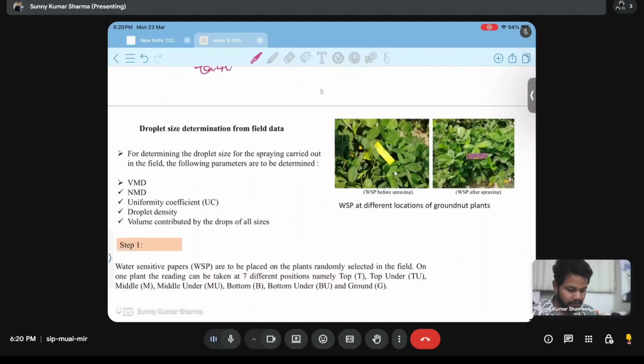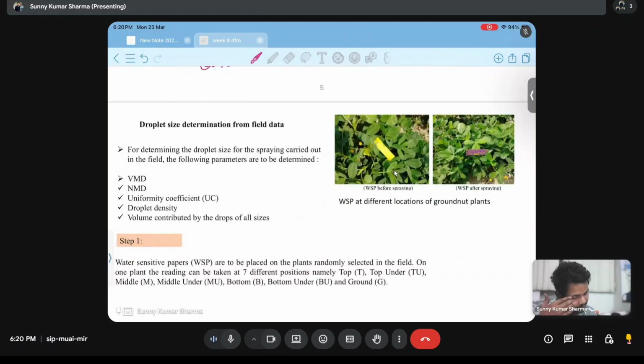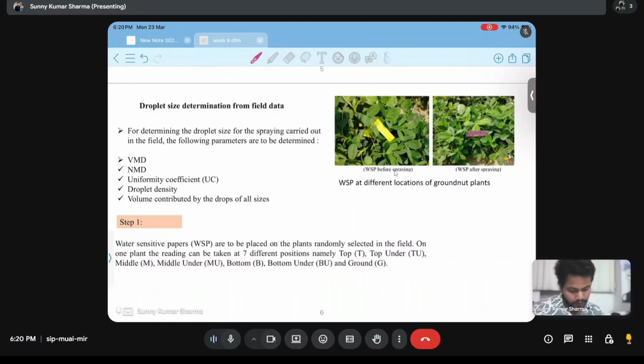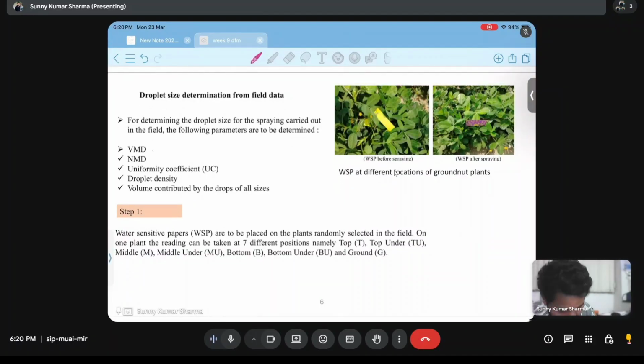So next thing is droplet size determination for fluid items. For droplet size determination, what are the parameters? Those are VMD, NMD, uniformity coefficient, droplet density and volume contributed by the drops of all sizes.